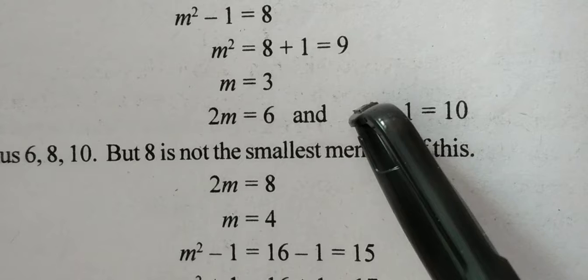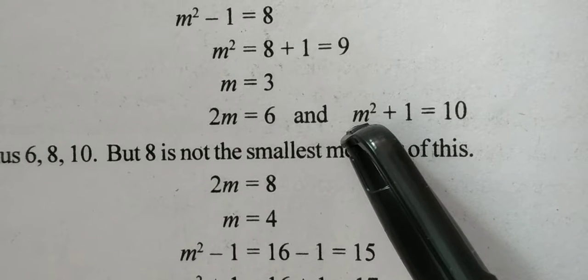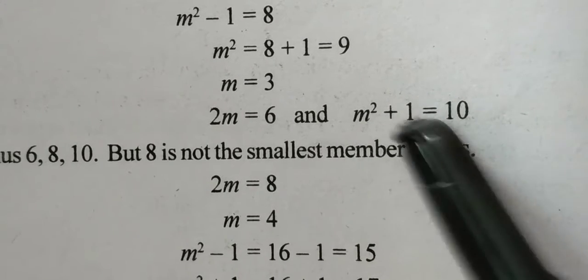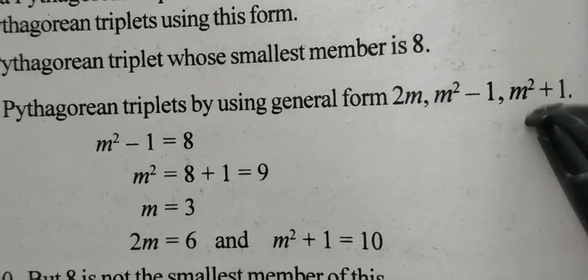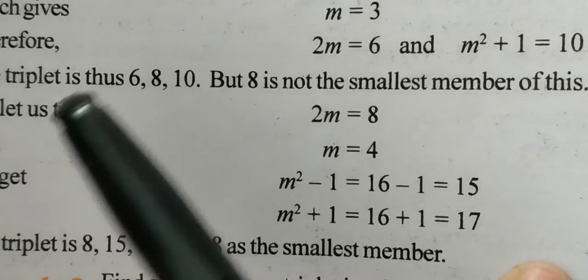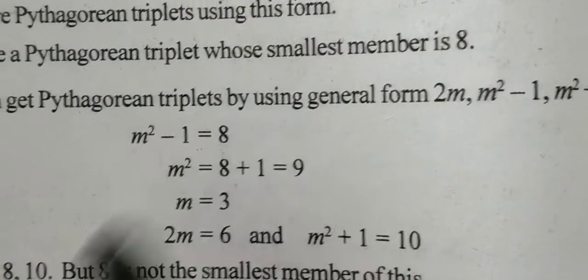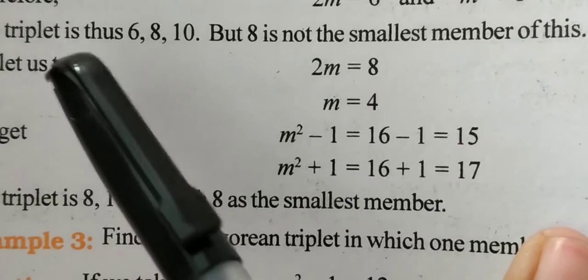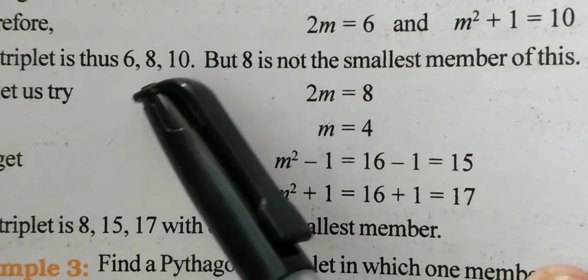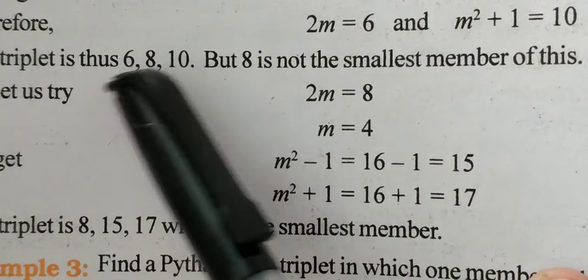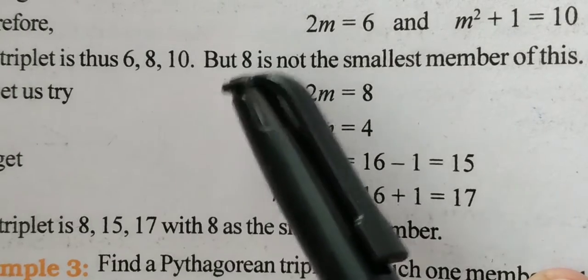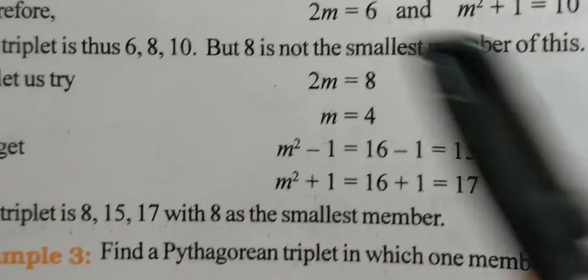How? 3 square is 9, and 9 plus 1 is equal to 10. So one number is already given to you, which we have taken as m square minus 1 equal to 8. So let us write down the triplet: 6, 8, 10. But 8 is not the smallest member of this triplet.